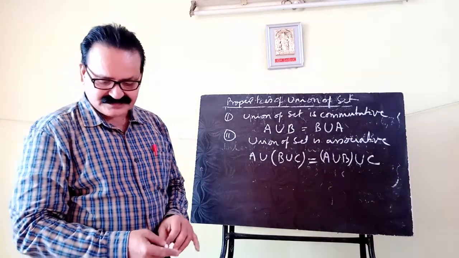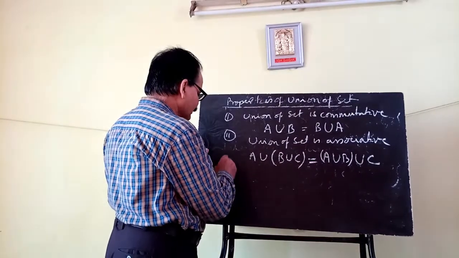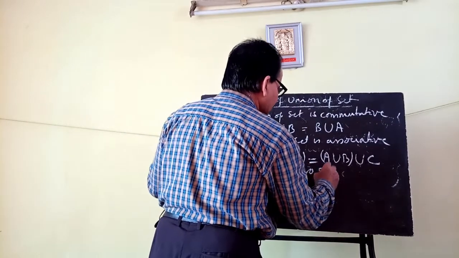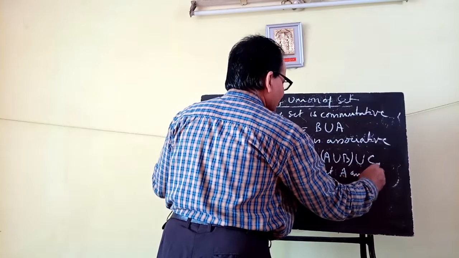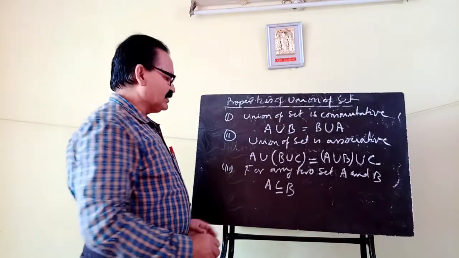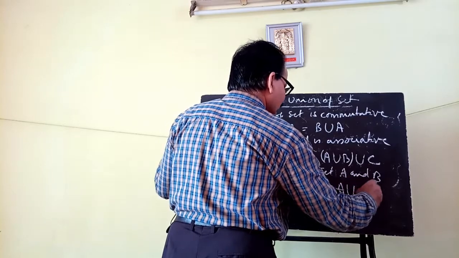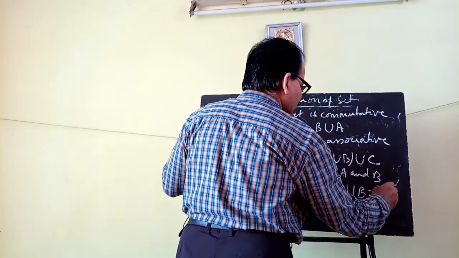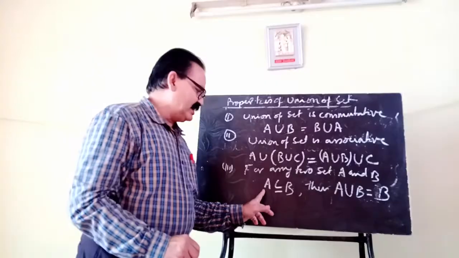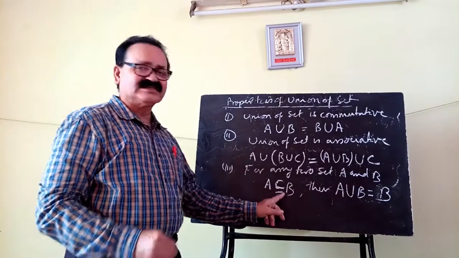Another law is, suppose for any two sets A and B, if A is a subset of B, then A union B is only the set B itself, because all elements of A must be contained in B. You have written that A is a subset of B, that means B is the superset.